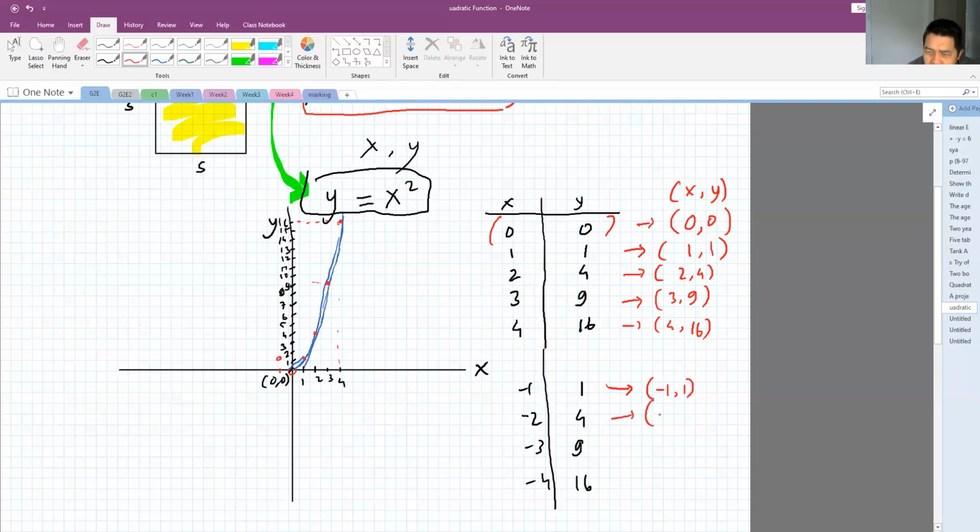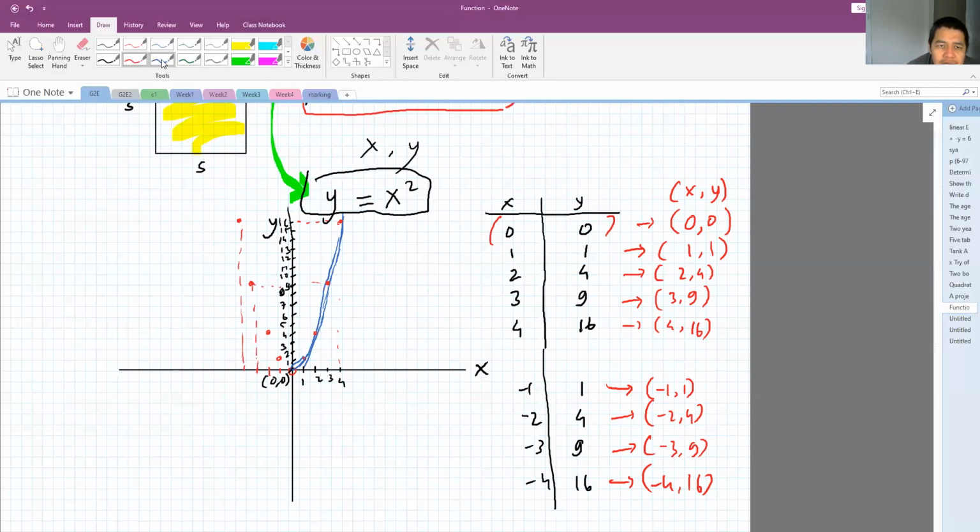The point where x is -2 and y is 4 is somewhere here. The point -3, 9 will be located somewhere here, and -4, 16 will be somewhere here. So this is -4. I think the best way is to use a ruler, right?